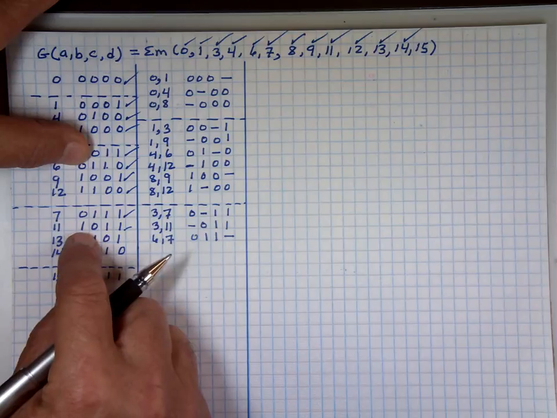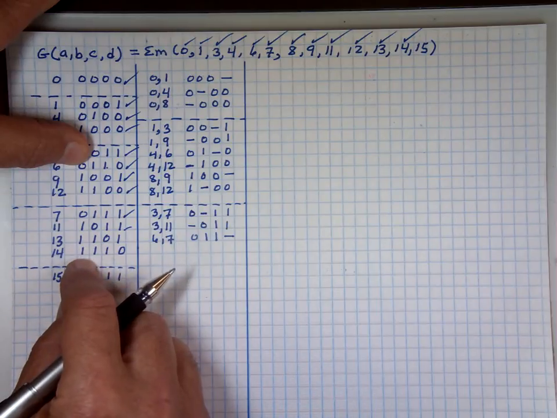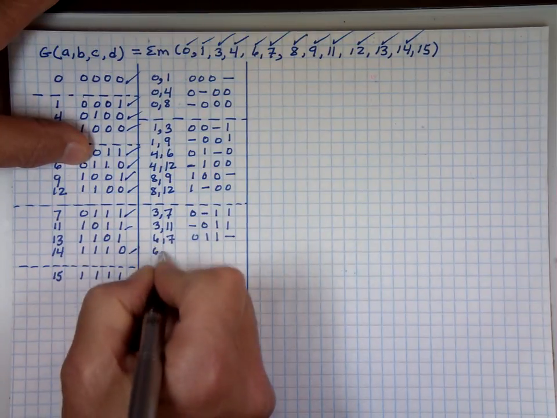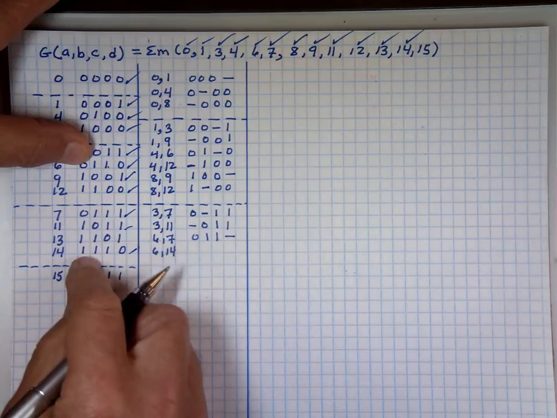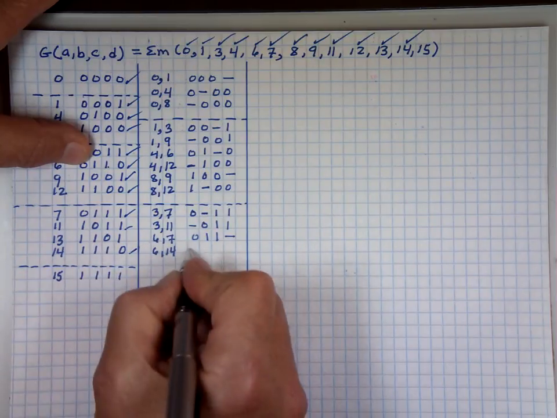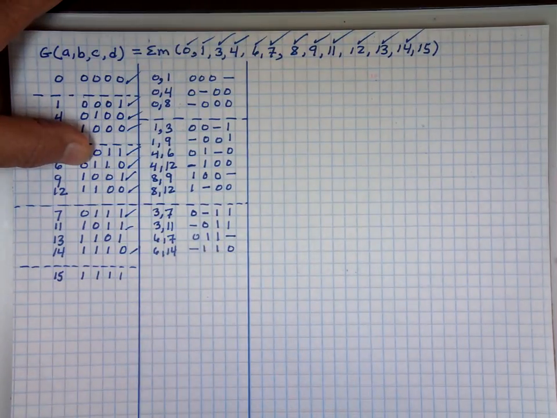No. 6 and 13. No. 6 and 14. Yes. Check mark next to the 14. 6 and 14 will be dash 1, 1, 0. Take a break. So the 6 is done.